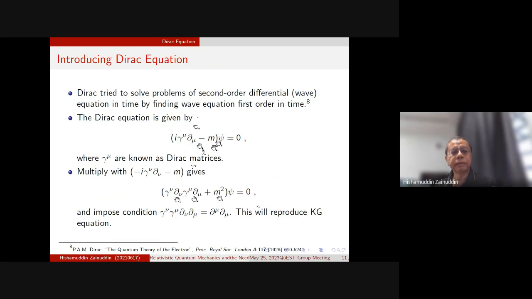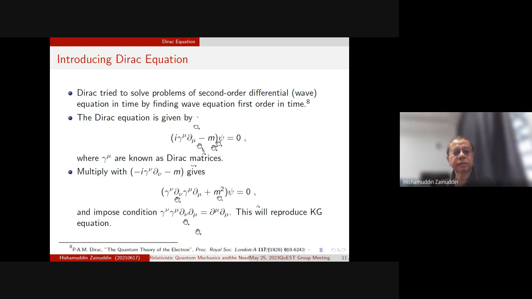But if one imposes this particular condition, remember your gammas are contracting on different derivatives, partial mu and partial mu. If the contraction of your gammas with this pair of derivatives is equal to the contracted derivatives, then it will reproduce the actual Klein-Gordon equation.